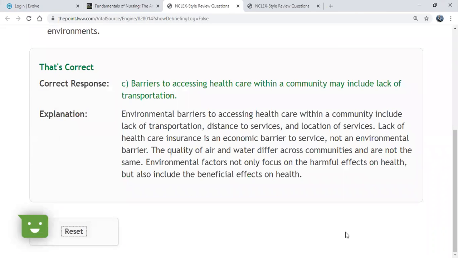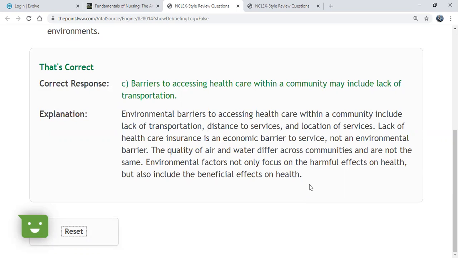All right, barriers to accessing healthcare within a community may include lack of transportation. Environmental barriers include lack of transportation, distance to the service, and the location of the service. Lack of healthcare insurance is an economic barrier. Quality of air and water differ across communities.